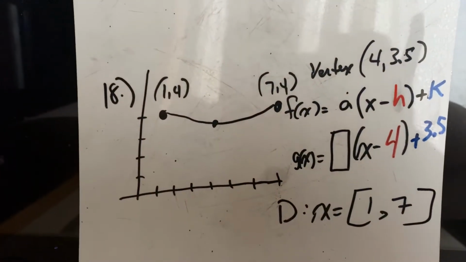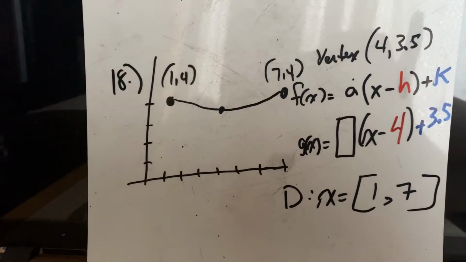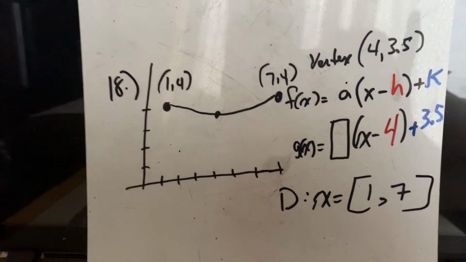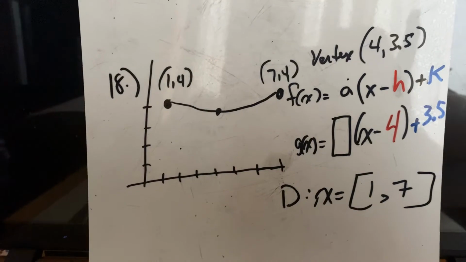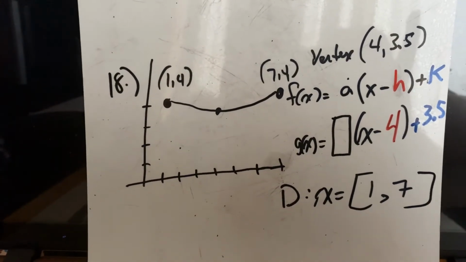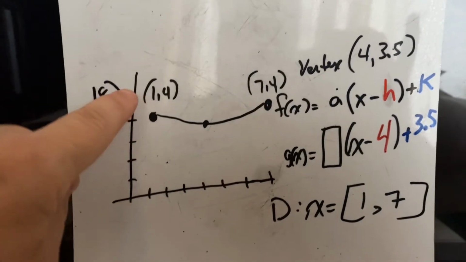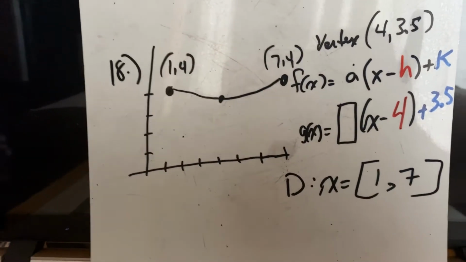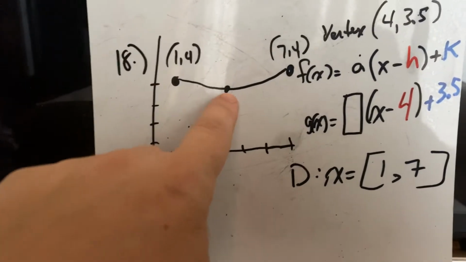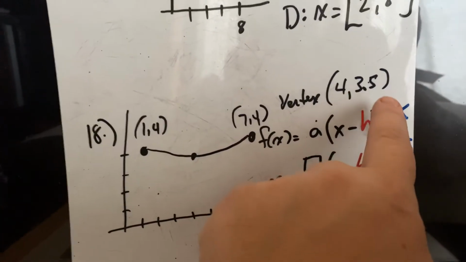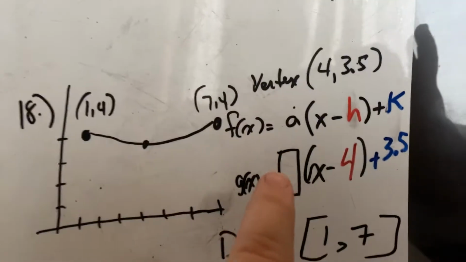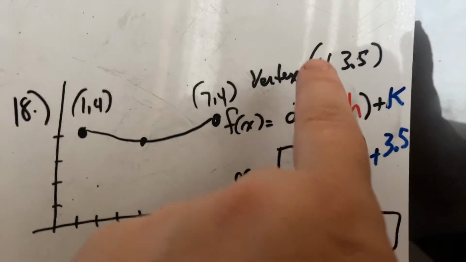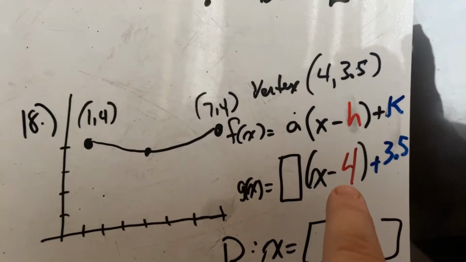Looking at number 18, we have another stretched out parabola. It looks like a very tightly drawn rope, with only a little bit of slack to it. So here I go. 1, 4 and 7, 4 are two given points. What do I know? The vertex is actually given as 4, 3.5. So I can go into vertex form and say, what's h? H is the 4, so I substituted that value in.